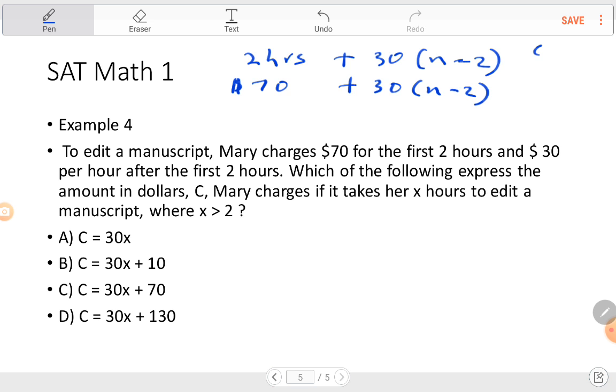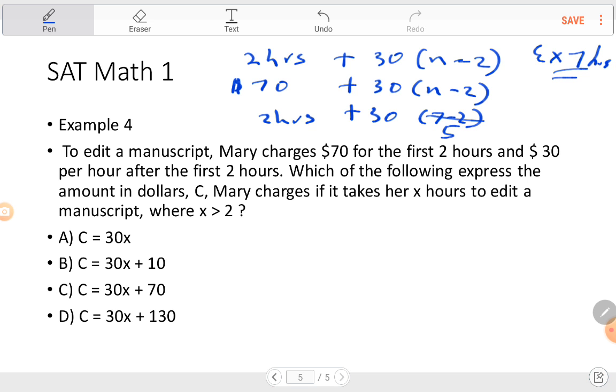For example, if she took 7 hours to edit this manuscript, how will that play out? The first 2 hours will be charged $70, plus 30 times 7 minus 2. So it's really just for the 5 hours.